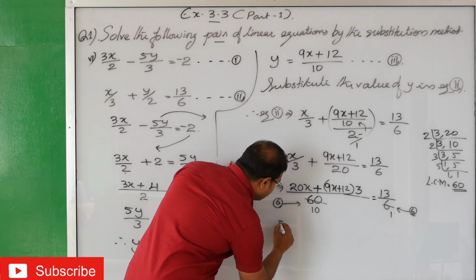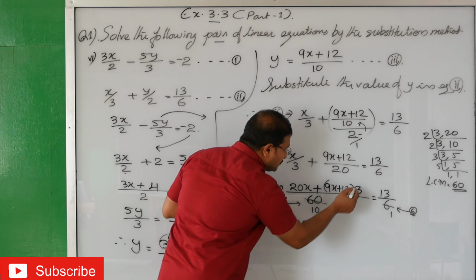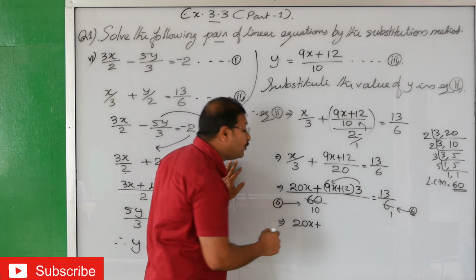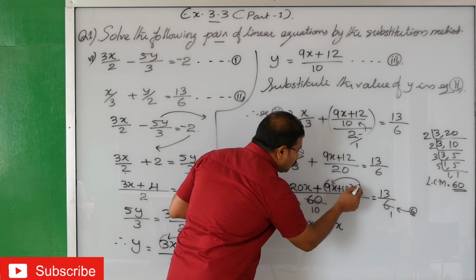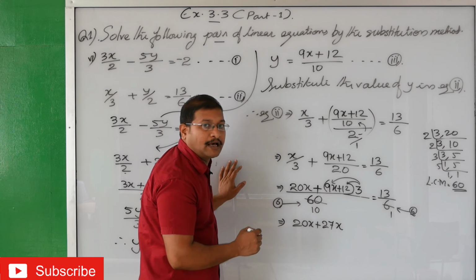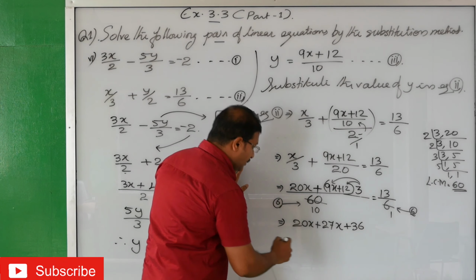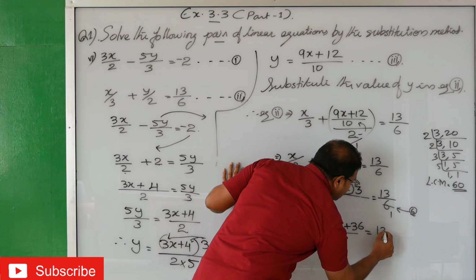Now see, this implies 20x plus 3 into 9. 3 9s are 27, 27x. Now 3 into 12. 3 12s are 36. Divided by 10 equals 13.